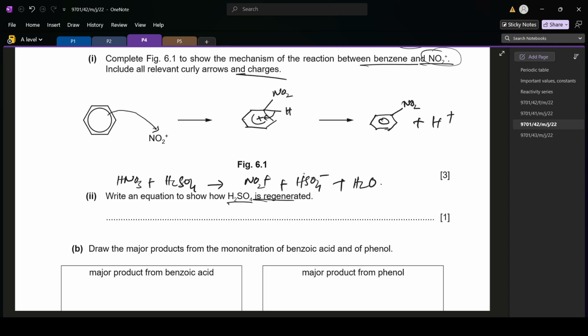So the sulfuric acid is changed into the HSO4 minus ion. Now how will this sulfuric acid be regenerated? The HSO4 minus will react with this H plus ion, so it will form sulfuric acid.